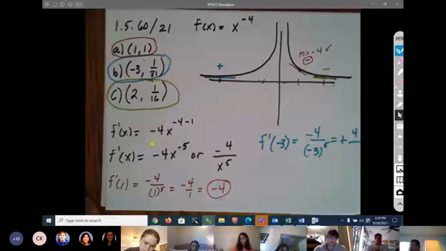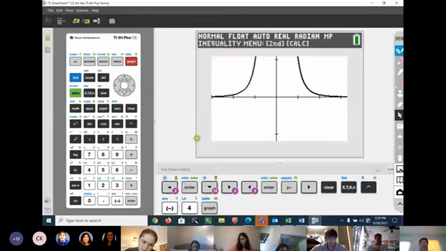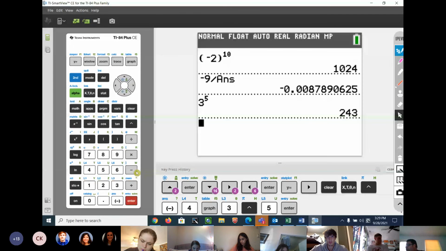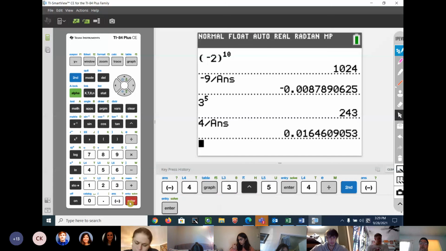And 3 to the 5th power is 243, and 4 divided by 243 is 0.016, or 4 over 243. And again, these are positive, so that one checks with our common sense. Now let's do the green.